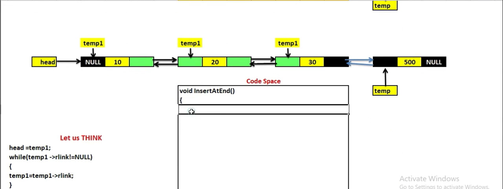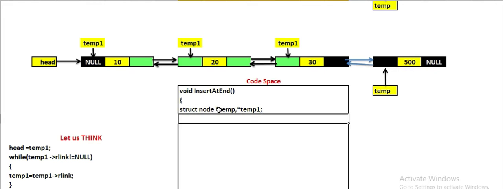So we say struct node *temp, *temp1. Next we have to create a new node. So we write temp = (struct node *)malloc(sizeof(struct node)).